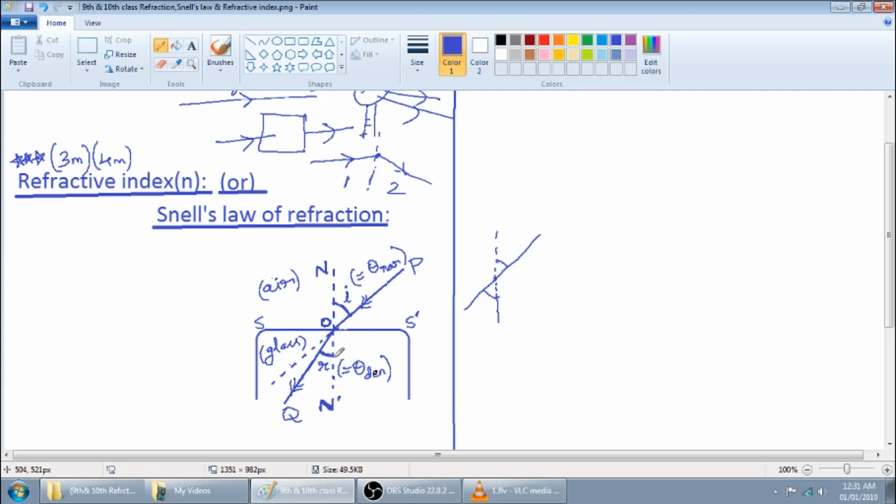So now all the things here we are able to understand from the diagram, which is actually the simplest representation of the reality. This is what really happens when a light ray is passing from air into glass. So from the diagram everything can be understood very clearly. This is how scientists have given us a method to understand what is happening inside a medium when light is passing through the medium.